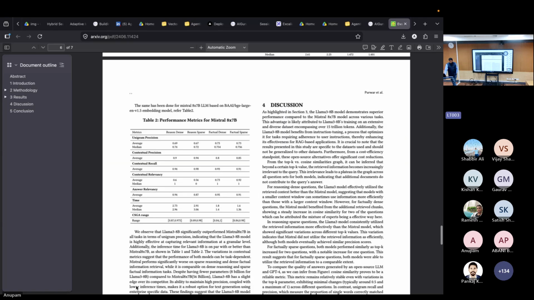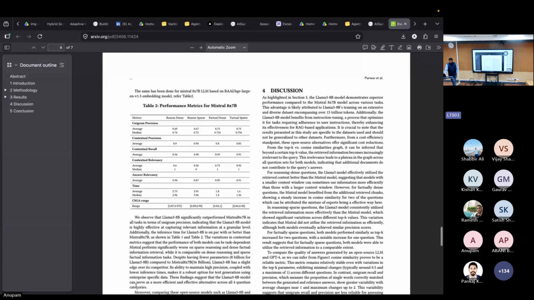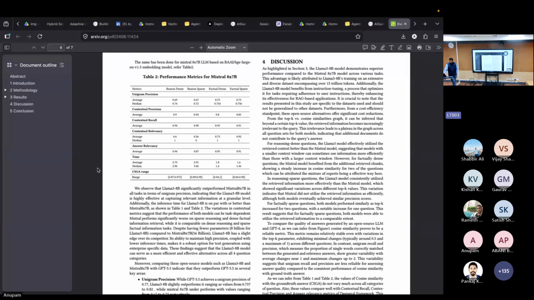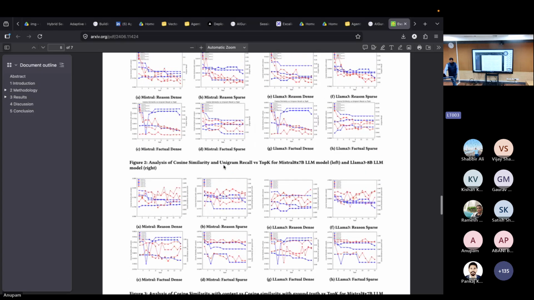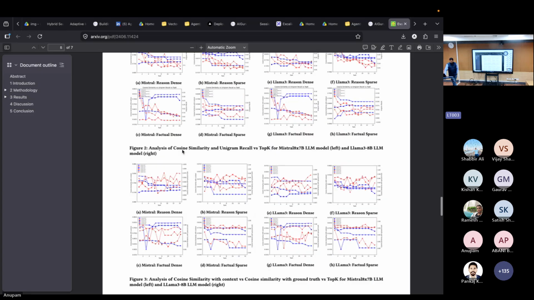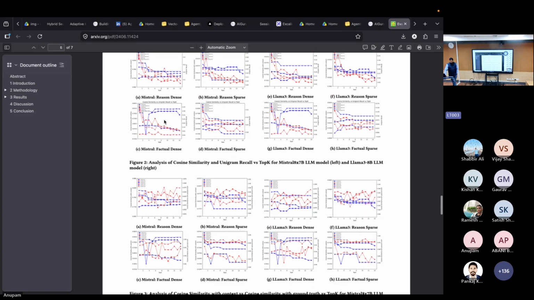Unigram precision, contextual recall, contextual relevancy, everything. And then you have this metric, which is cosine similarity with ground truth answer. If you optimize for all these, or if you just optimize for this, it doesn't make a difference. That's what we were able to prove by doing benchmarking for different models across different types of data sets.